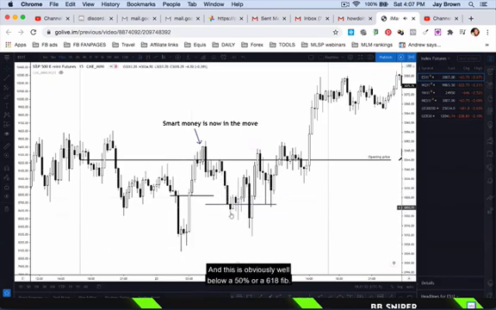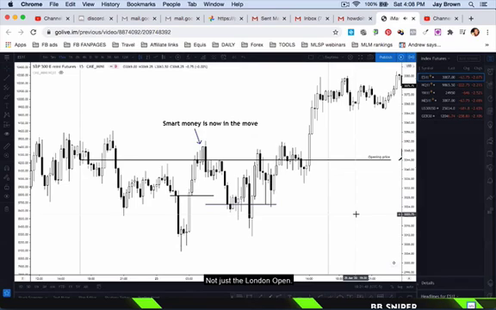And this is obviously well below a 50% or a 618 fib. We don't have to put that up on here, you guys can already see that by now. Low, high, retracement. Now, did it come all the way down to the 786, or that's probably 886? Yeah, it came down there, but boom, market rallied higher.